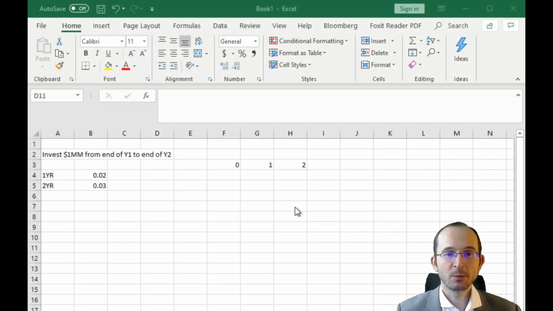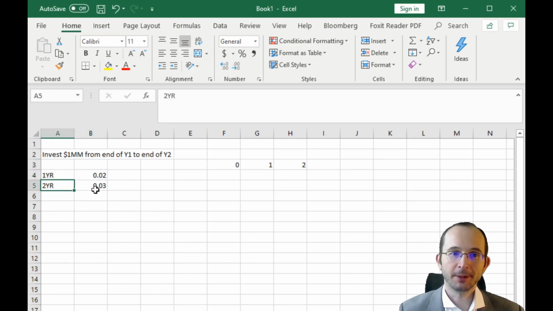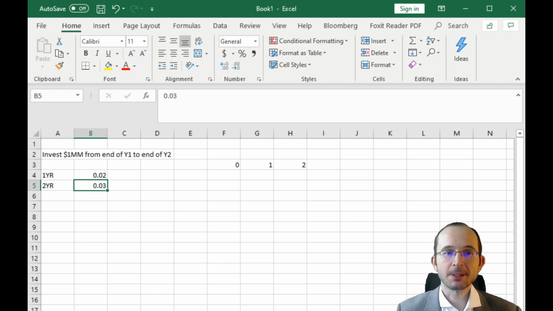All right, so let's say we have a 1 year zero coupon right now in time zero that has a yield to maturity of 2%, a 2 year zero coupon that has a maturity of 2 years, that has a yield to maturity of 3%.